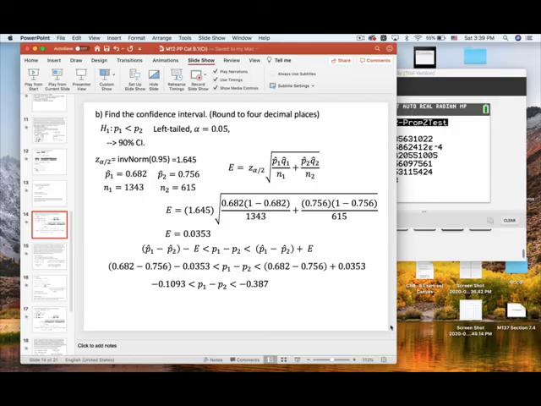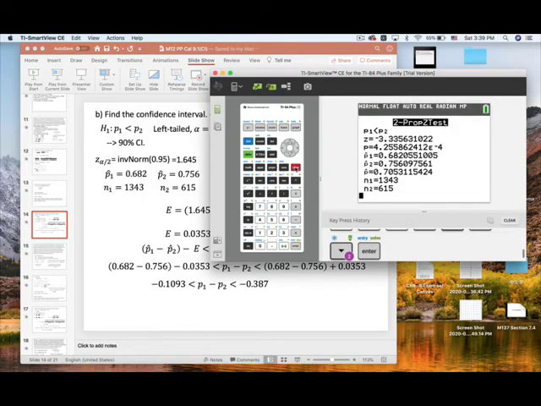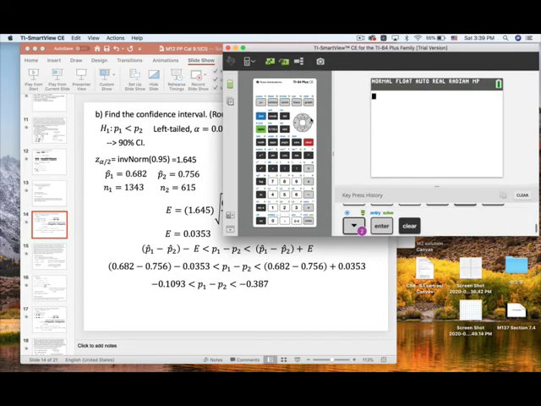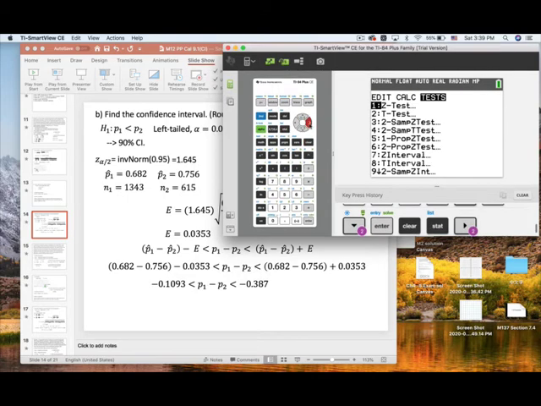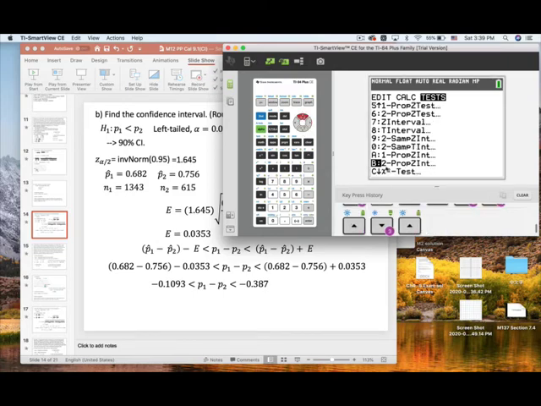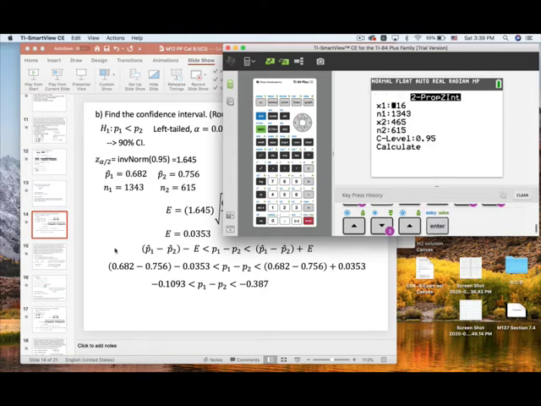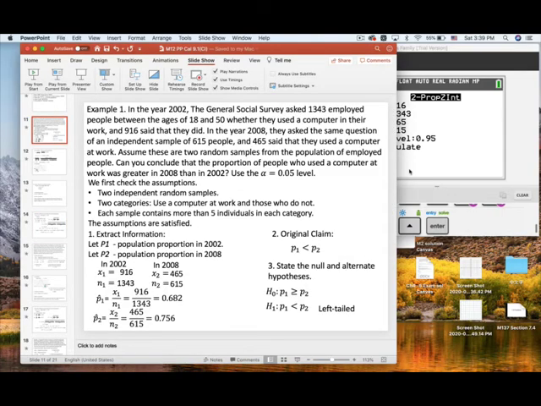Okay, now look at the calculator again. Go to STAT, go to TESTS. We're gonna choose 2-PropZInt, the confidence interval. Enter. So plug in the numbers here. Let's go back.